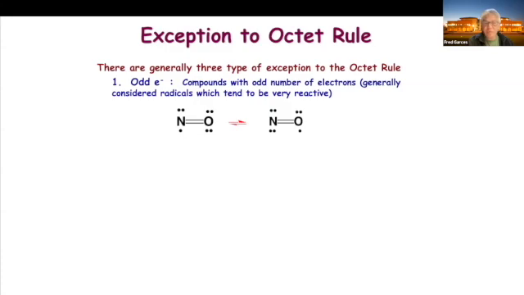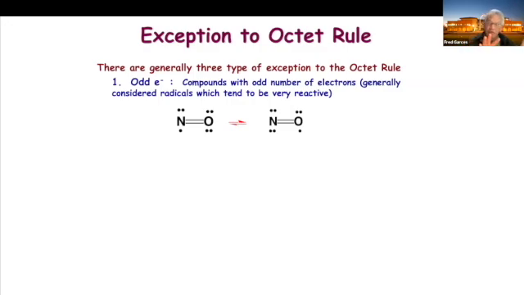Odd number of electrons can never obey the Octet Rule. Can never. Okay. If this were NO plus, it would obey the Octet Rule, because now NO plus means that of our 11 electrons from NO, we take away 1 more because it's plus. It now has 10. It's even. It would obey the Octet Rule. If it's NO minus, it means 1 more electron.